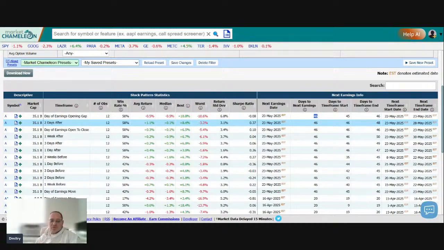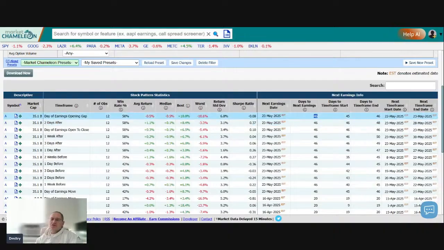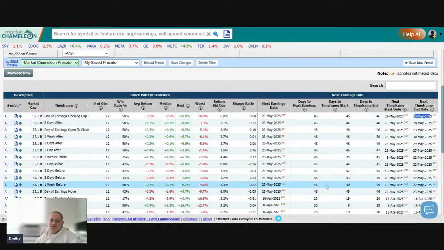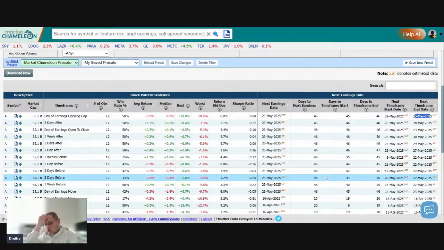Okay, so to replicate this, May 22nd to May 23rd estimated. EST is estimated because we didn't pick up that they announced their next earnings yet. So this way, if you're looking at a particular strategy, let's say run up into earnings, and you wanted to see if anything is coming up in the next week or 2 weeks, you could screen for that. Okay.